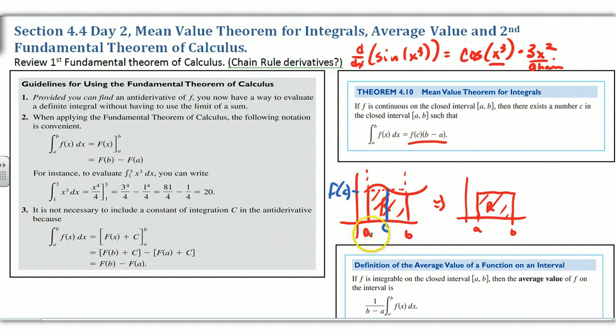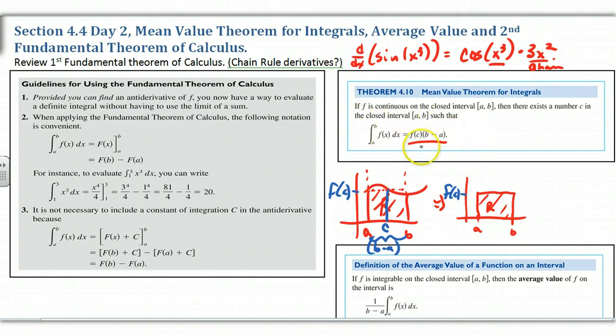Now this distance right here is b minus a, this length, and then f of c is this right here. So this just says that the area under this curve is equivalent to the area of this rectangle. That's all this is saying.